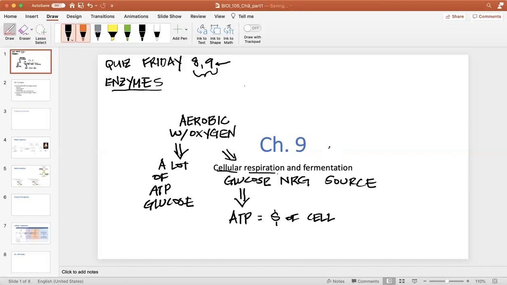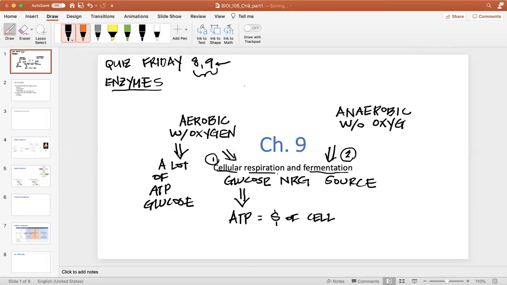Now, fermentation, I'm going to put one here. Fermentation is a second way to go from glucose to ATP, but this is also known as anaerobic respiration. That means without oxygen.